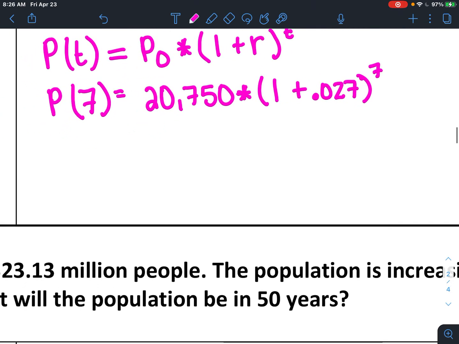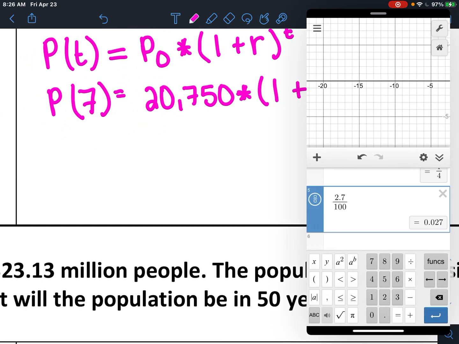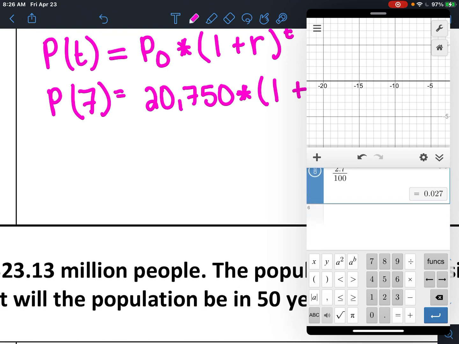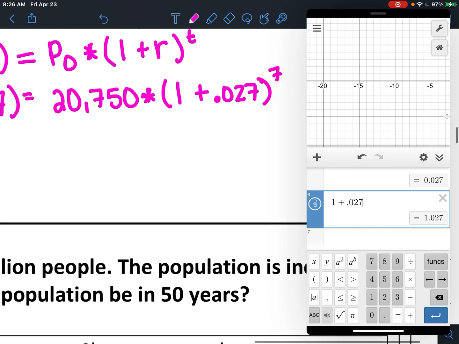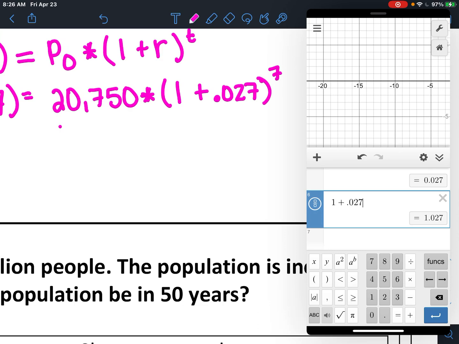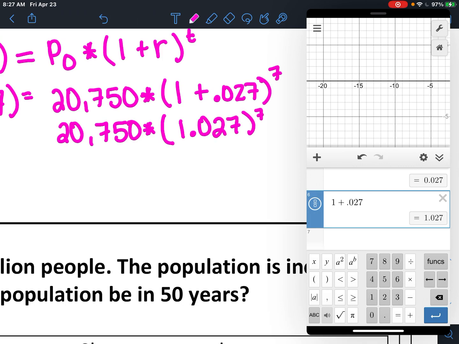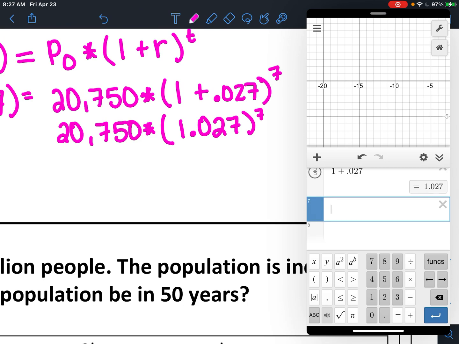Now for this, I'm going to use my calculator. I'm going to do everything inside the parentheses first. So 1 plus 0.027. You might have been able to add that in your head. So 20,750 times 1.027 to the 7th power. So I'll go 1.027.